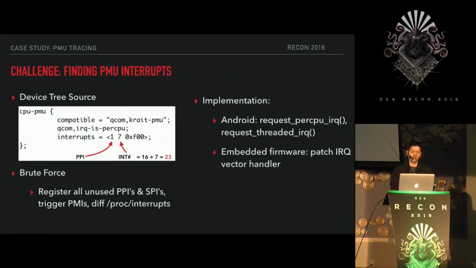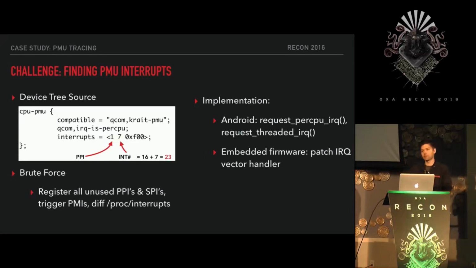There's custom. So the first place we can look is device tree source, those .dts and .dtsi files you might find in an Android source. Those files outline specs and configurations of the hardware, and sometimes you'll find the PMU in there. This is from the Nexus 6. We see this interrupts tuple.